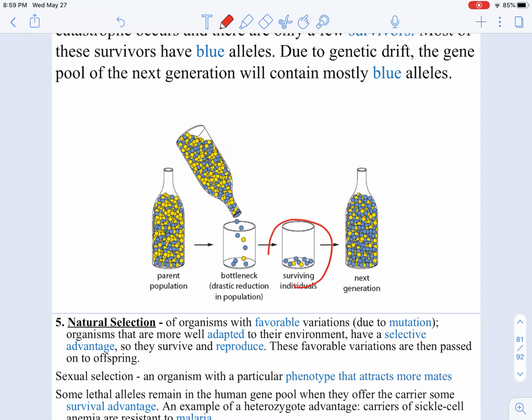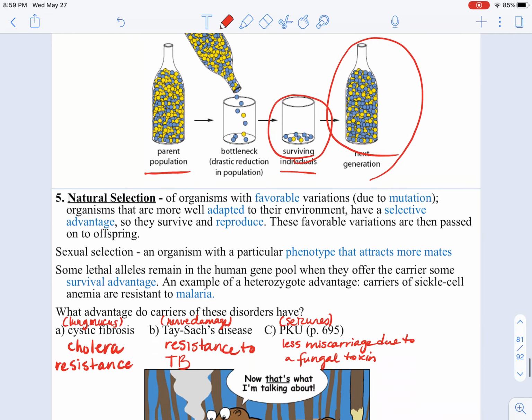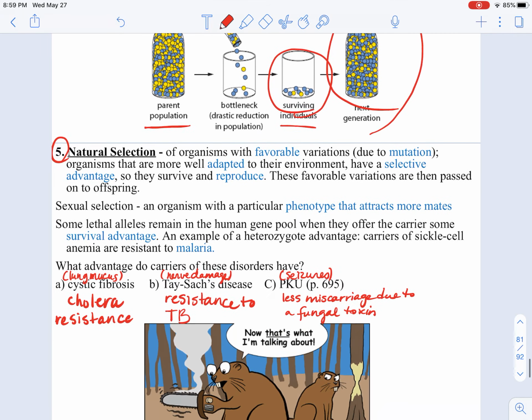So with the bottleneck, as we only have a few left, in this example, which used to have both alleles, lots of yellow and blue, if there's a small amount left and only a couple of yellows, that means the future generation will not have many yellows, if that was a certain allele.